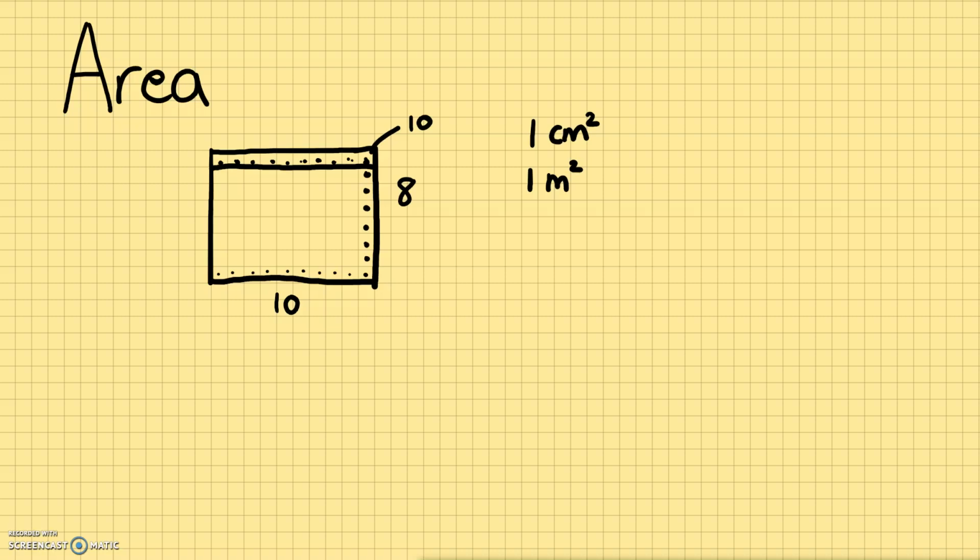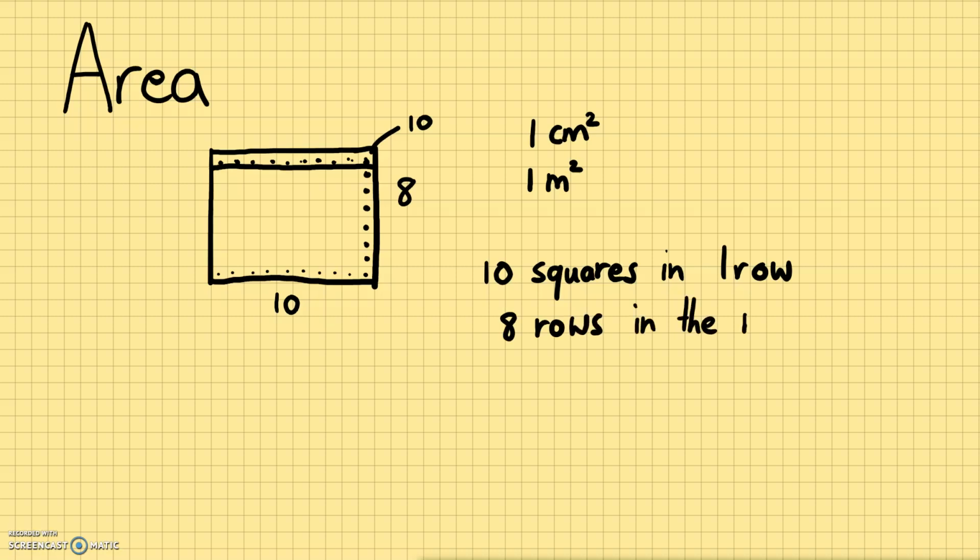So there are 10 squares in one row, and inside the rectangle we have 8 rows. So how many squares are there inside the rectangle?